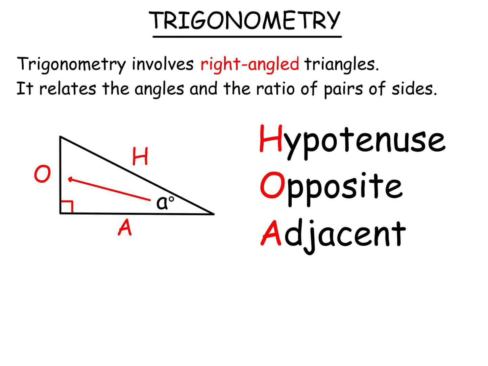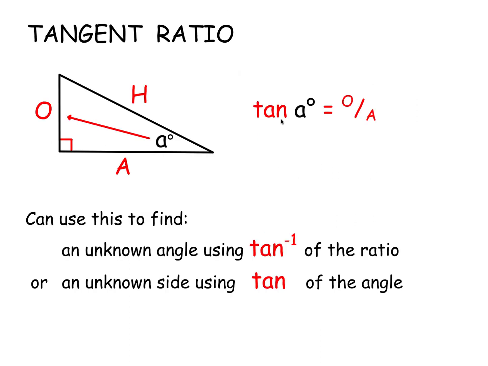We looked at the tangent ratio, which was opposite over adjacent. So the opposite over adjacent ratio is called the tangent ratio. So that's the length of side O over the length of side A.